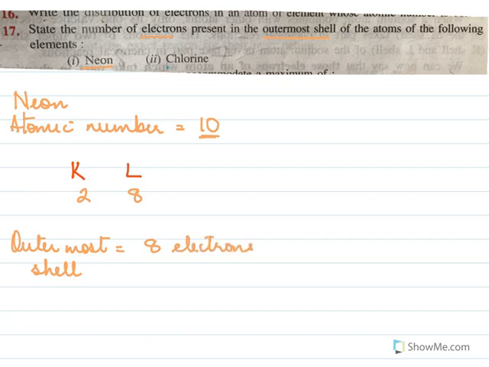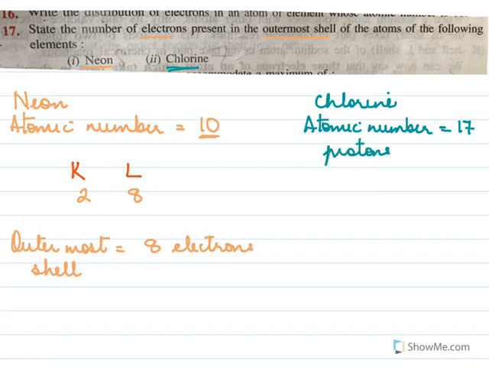Next we go to chlorine. For chlorine, its atomic number is 17. Seventeen means protons 17. If protons are 17, electrons also 17.